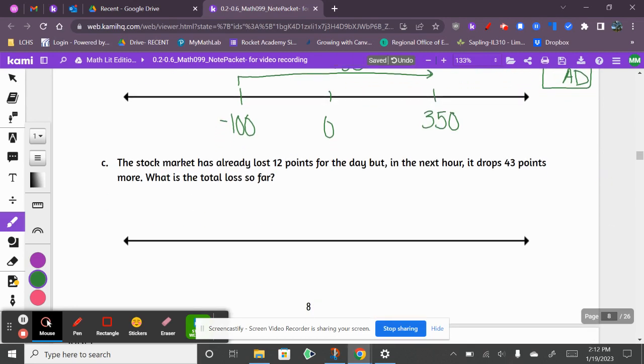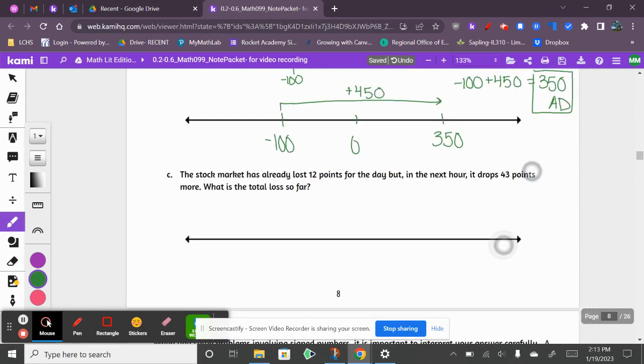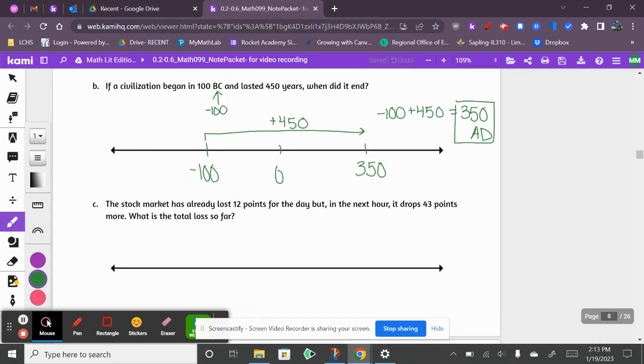For C, it says the stock market has already lost 12 points for the day, but in the next hour, it drops 43 points more. What is the total loss? We would begin at negative 12 because it lost 12 points, but then it drops 43 points more, so it's going to go 43 points in the negative direction.